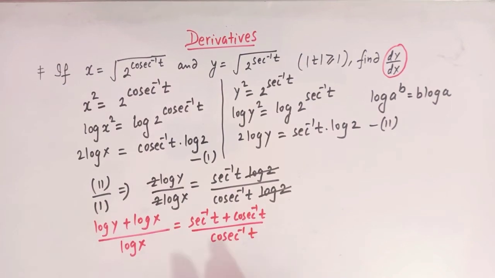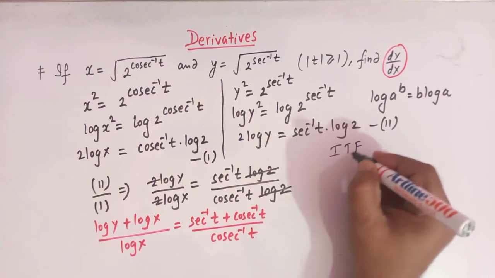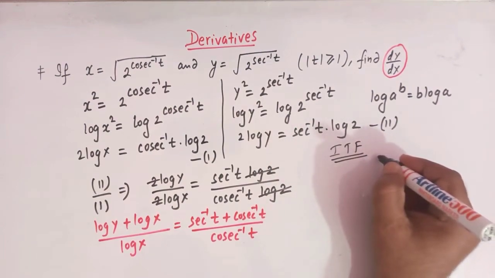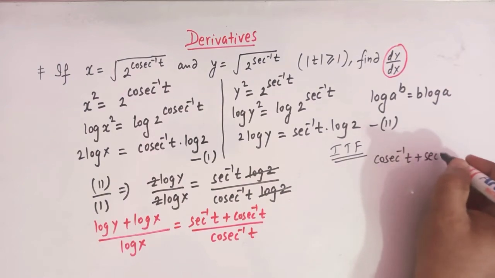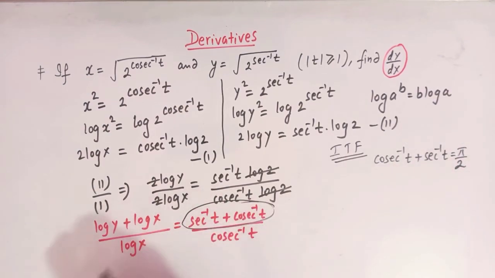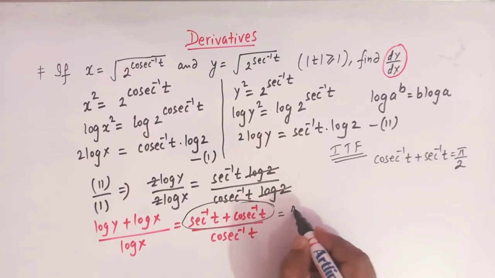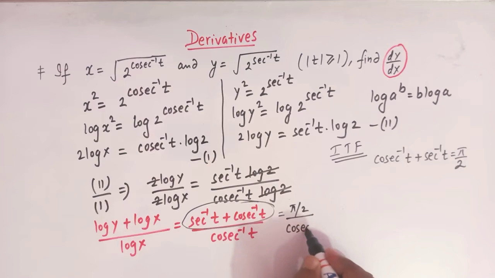Now let us use an important result from inverse trigonometric functions. We know that cosec inverse t plus sec inverse t is equal to pi over 2, so this expression can be replaced by pi by 2. Here we have pi by 2, and in the denominator we have cosec inverse t.